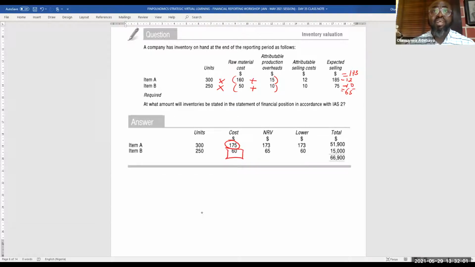But net realizable value is deducting from the selling price the attributable selling cost, which is 173, being the difference between 185 and 12.